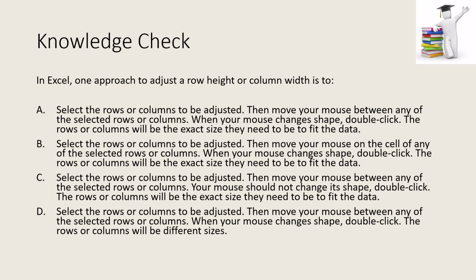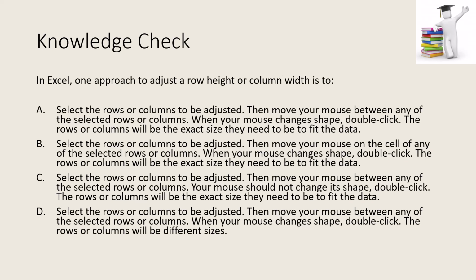The rows or columns will be the exact size they need to be to fit the data. B. Select the rows or columns to be adjusted. Then move your mouse on the cell of any of the selected rows or columns. When your mouse changes shape, double-click. The rows or columns will be the exact size they need to be to fit the data.